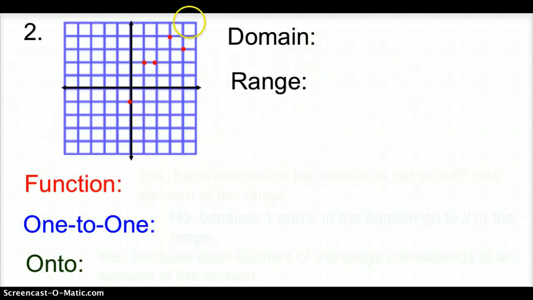Now let's look at number 2. Let's look at a graph. What is the domain? Remember, domain is all our x values. So our domain is, we're looking at x values. What is the value of this point right there? Well, the x value would be 0. What's the x value there? Would be 1.